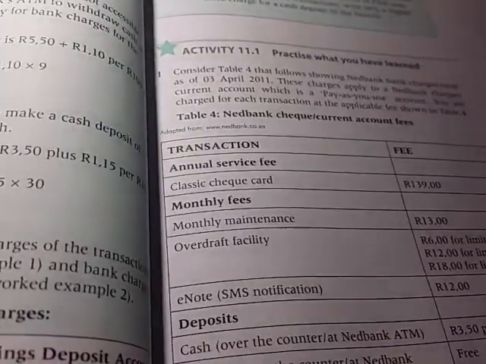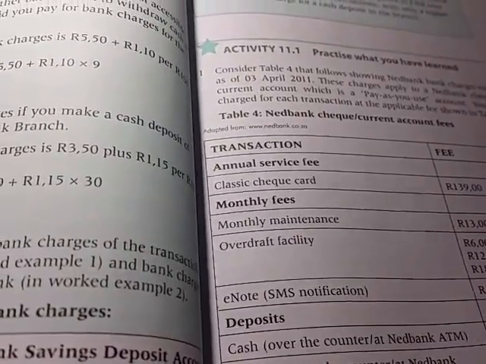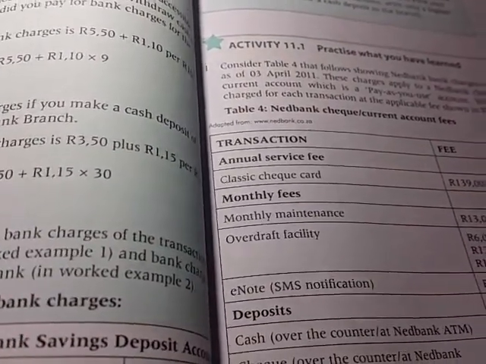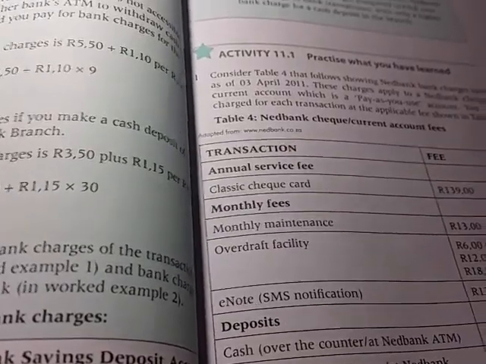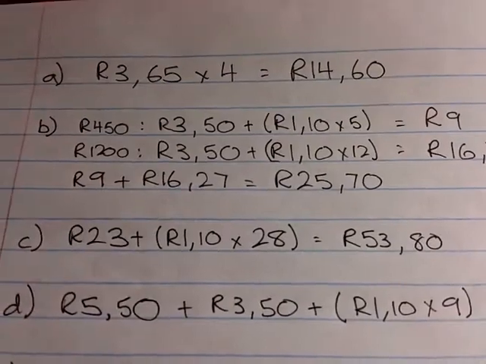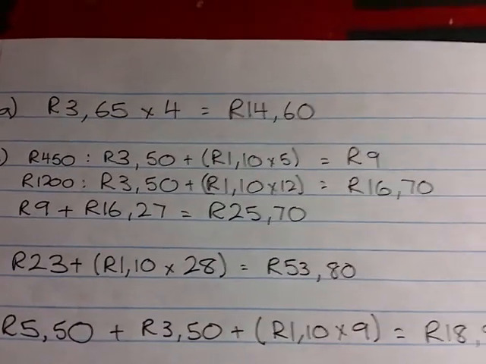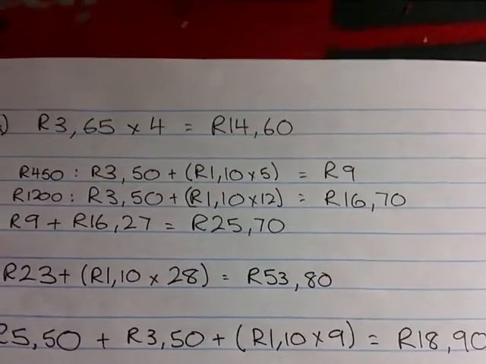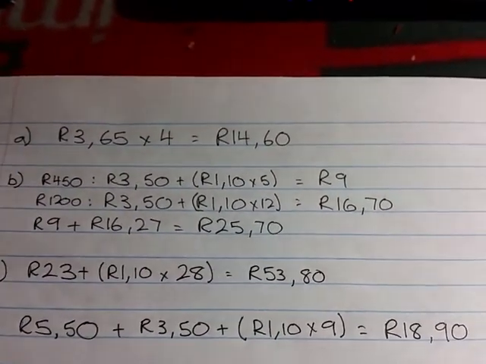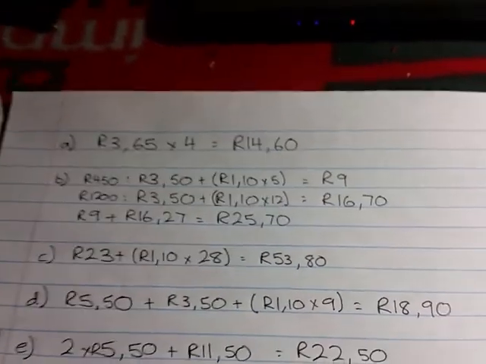Withdrawing 850 means eight 100s plus one more because of the 50, so that's 9. So it's 5.50 plus 3.50 plus 1.10 times 9, which gives you 18 rand and 90 cents.